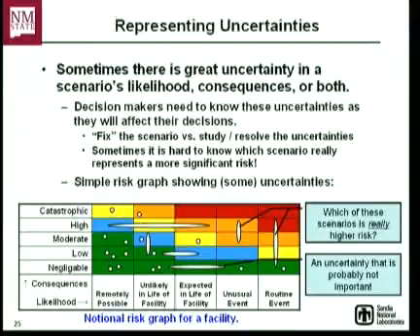Take, for example, those two scenarios that are pointed to on the right side of the screen. It's difficult to know which of those scenarios has a higher risk because one actually is all in the orange region, and one, the consequences were so uncertain about them that they range clear from green to red.